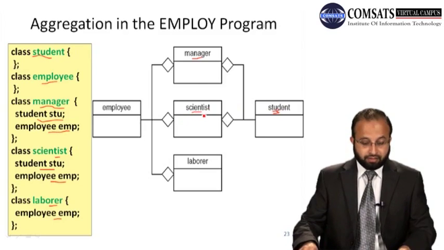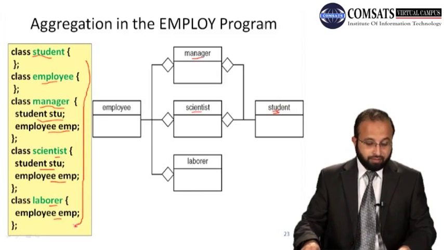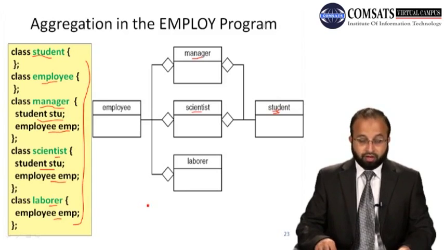And similarly here, laborer has employee, basically. So this kind of relationship is basically the aggregation relationship, and this is how we can represent the aggregation relationship in the employee program.